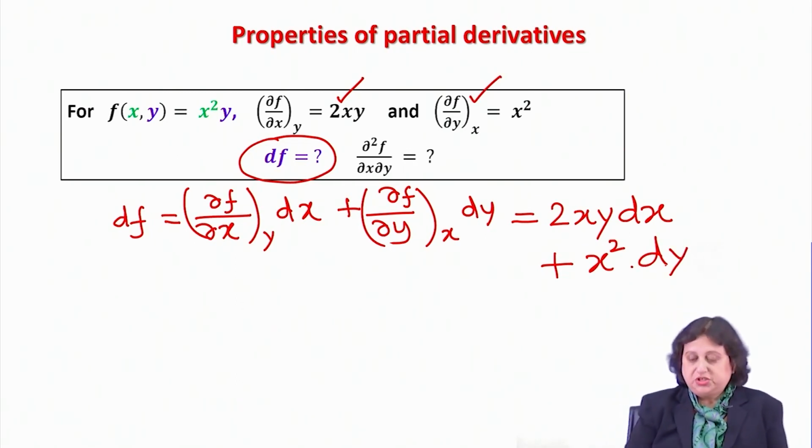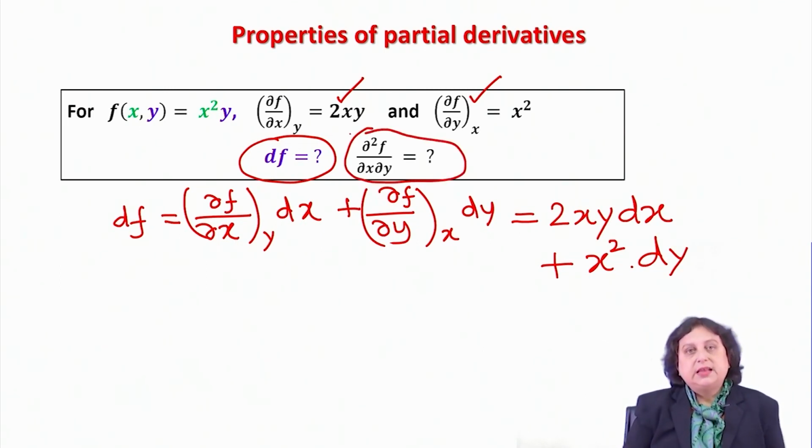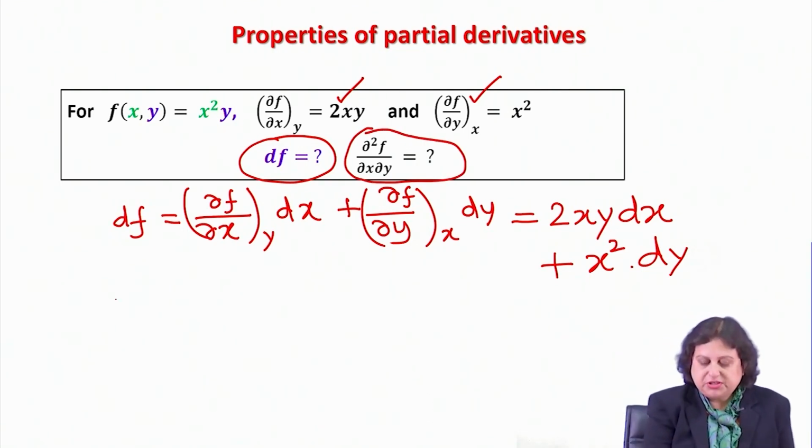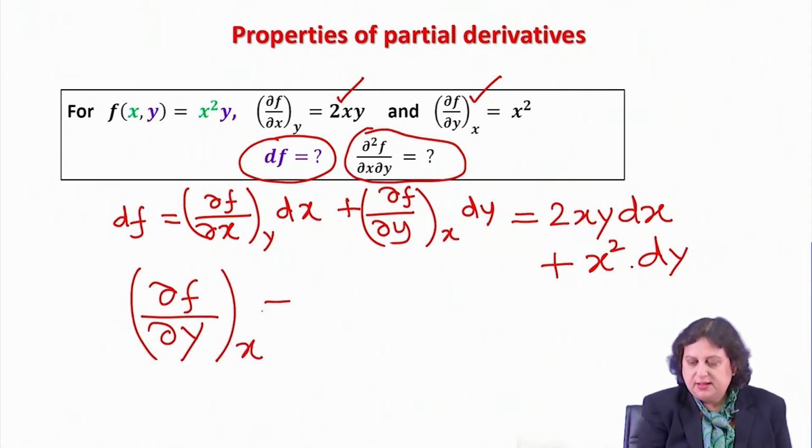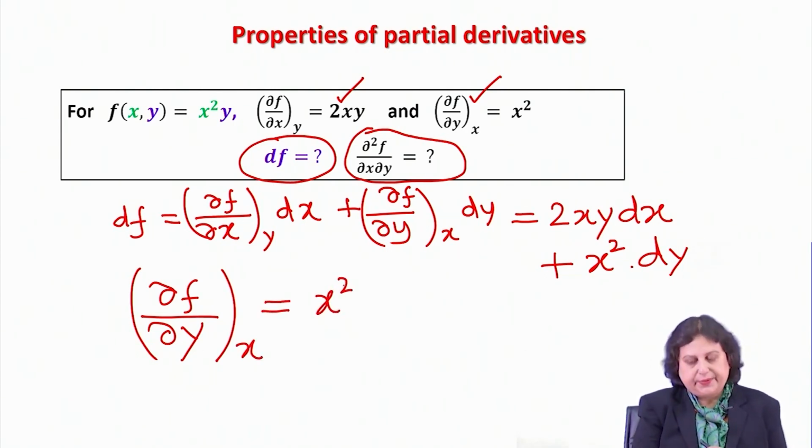Now the next question is, how do I find out this second order partial derivative? Okay, here I will first find out what del f del y is, keeping x constant, del f del y at constant x, that is equal to x square.